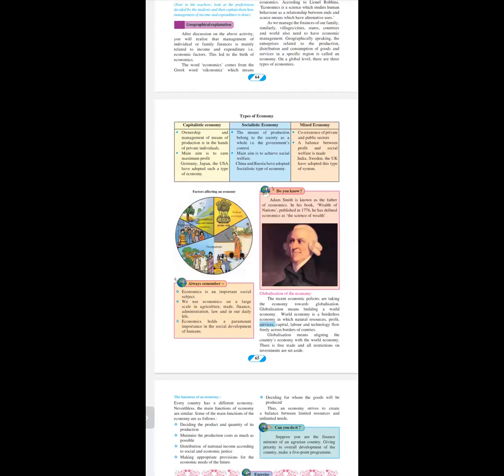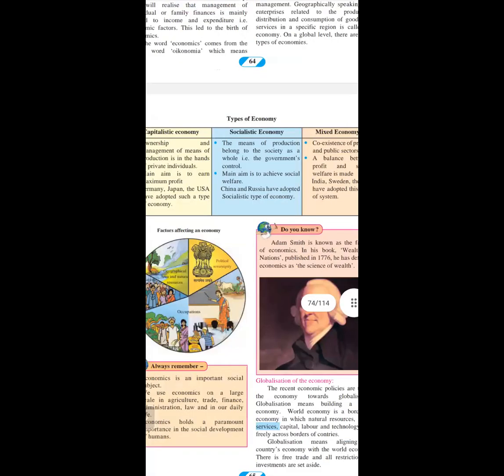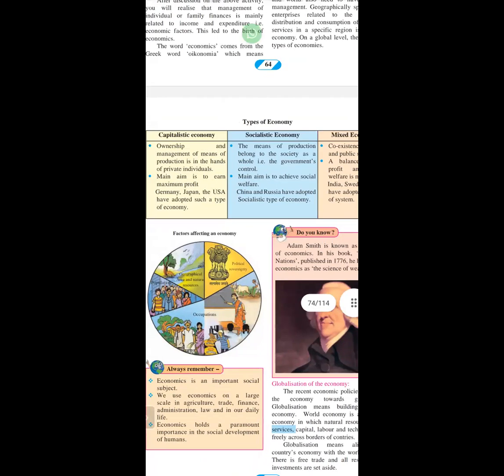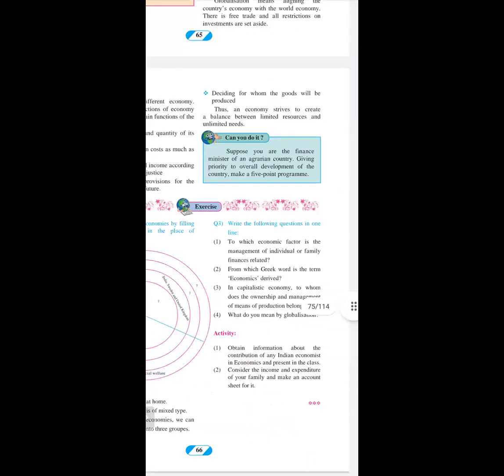There are 3 color columns there, no? Yellow, blue, orange. Types of economy. That one, okay? The next one is question number 3. Write the following answers in one line. Okay, which in one line?